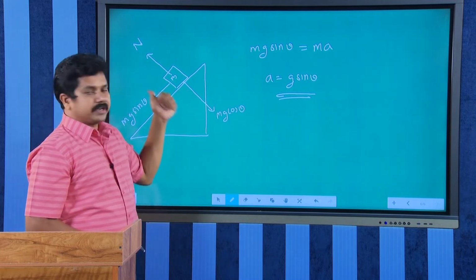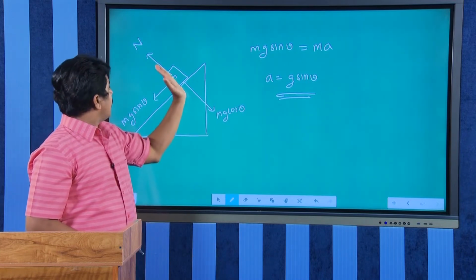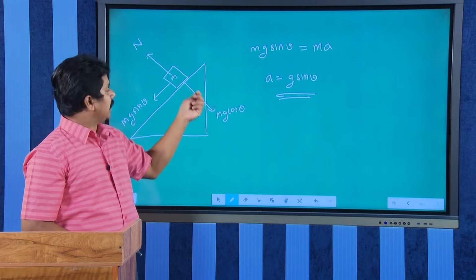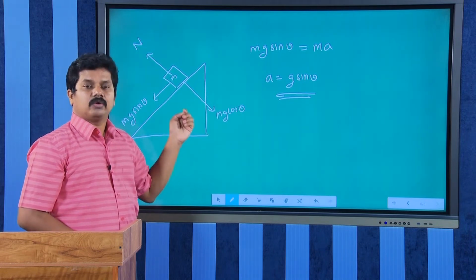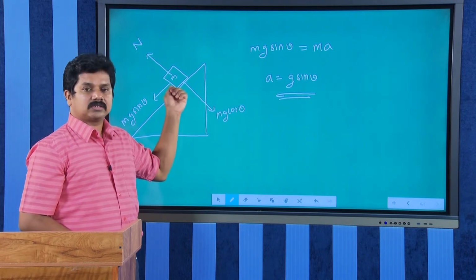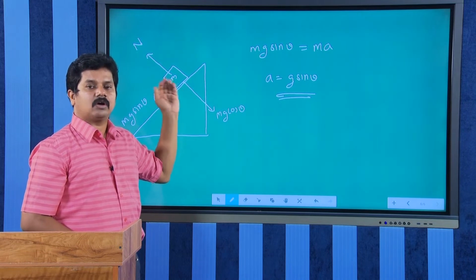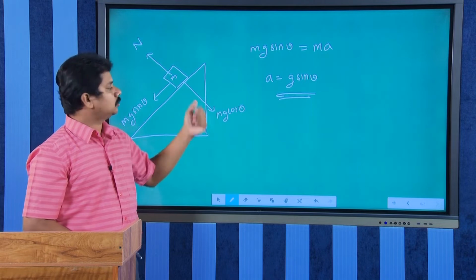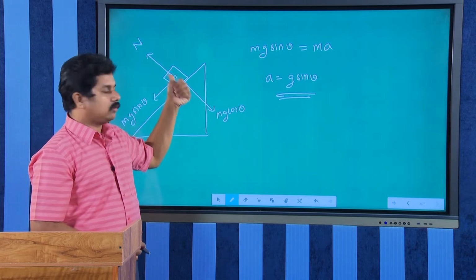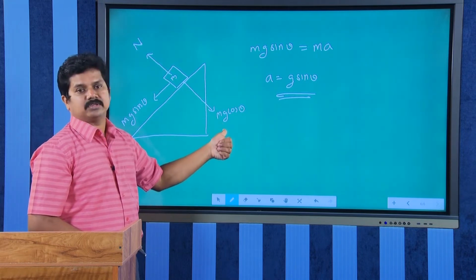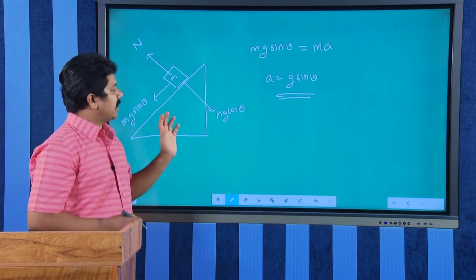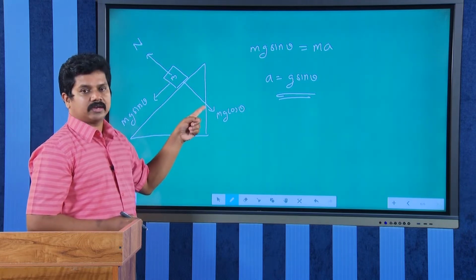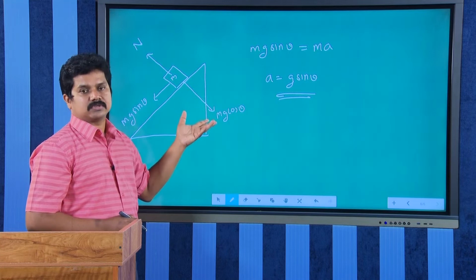Now, what about the perpendicular component of the forces? See, we have normal reaction and mg cos theta. We know the block does not have any motion perpendicular to the plane. So, upward N will be equal to the downward mg cos theta. So, the magnitudes of these two will be equal, right, and the directions are opposite, right.